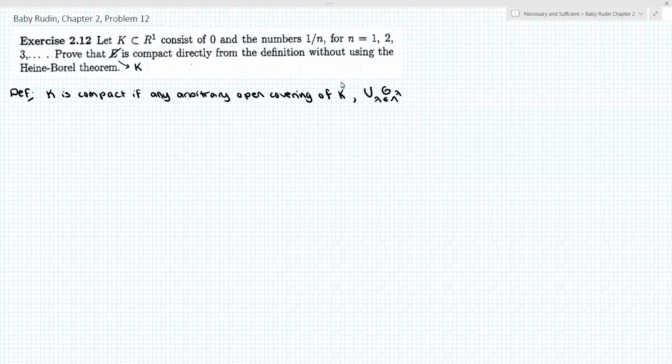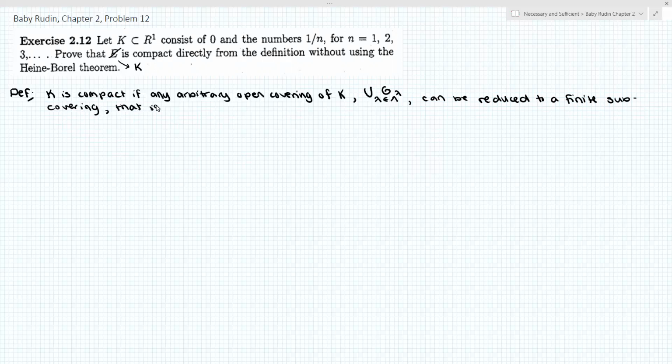So K is compact if we can take this covering, so if any arbitrary open covering can be reduced to a finite subcovering. So what does that mean?